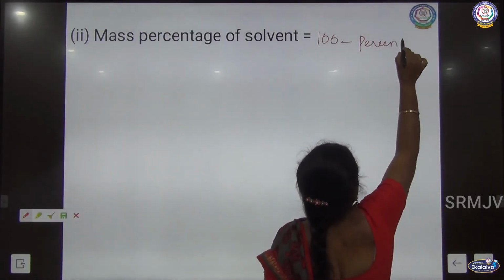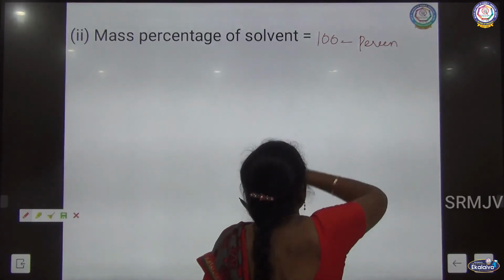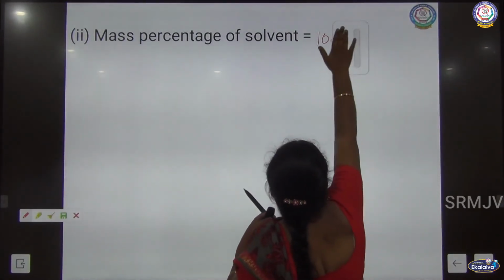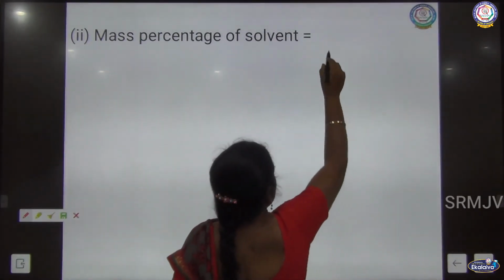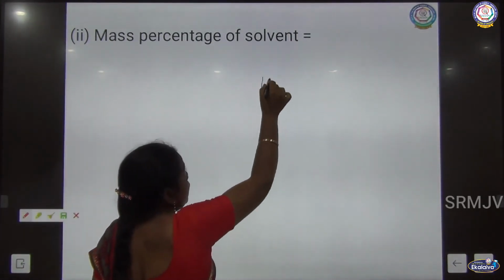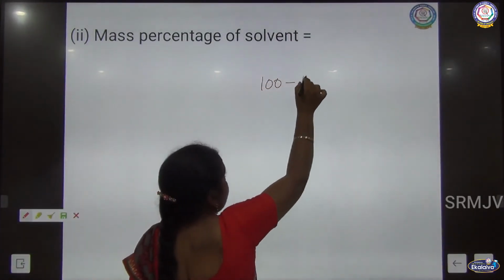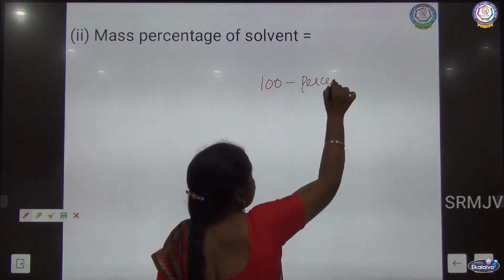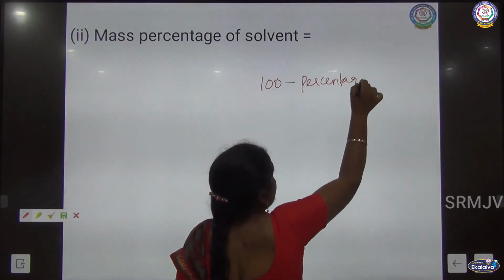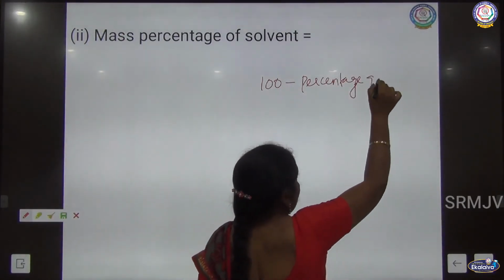The percentage of solute. So now we can write here 100 minus percentage of solute.